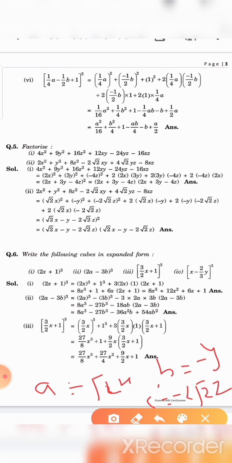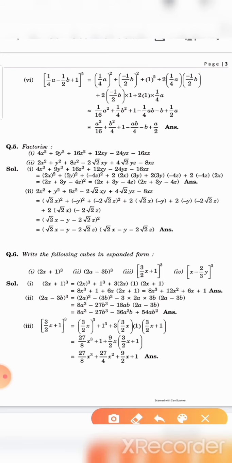Substituting all these values in the factor of identity number 5, we get root 2x minus y minus 2 root 2 z whole square, and whole square means the two brackets of our polynomial. So we write in multiplication, one bracket root 2x minus y minus 2 root 2 z, and then the second bracket root 2x minus y minus 2 root 2 z, these are the factors of our polynomial.